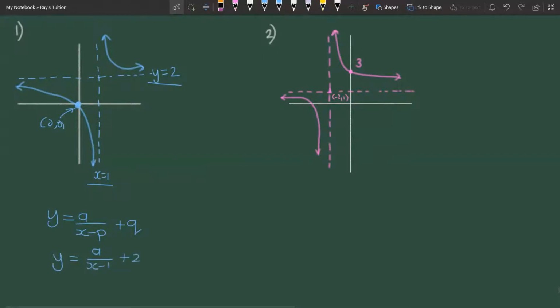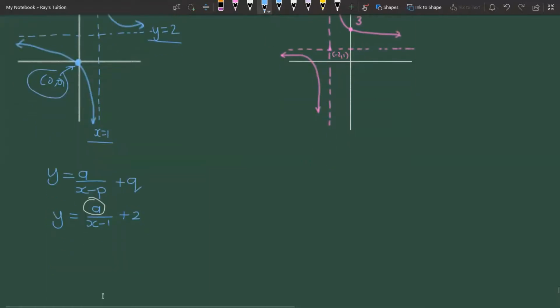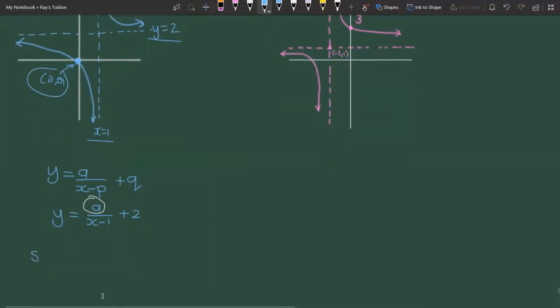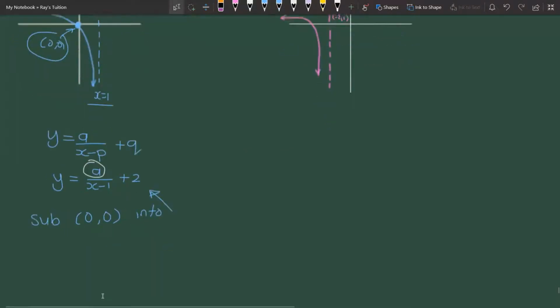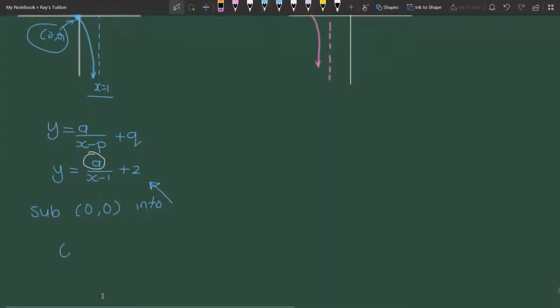Once again, please pay careful attention that you're changing the sign from the asymptote to the actual equation. Now, if you have a look at it, we still have one unknown. And with each unknown, we then need a point. So we look to our graph and we see that we have this point (0, 0). So we can substitute that coordinate into the equation to solve for a. In the place of y, we're putting 0.